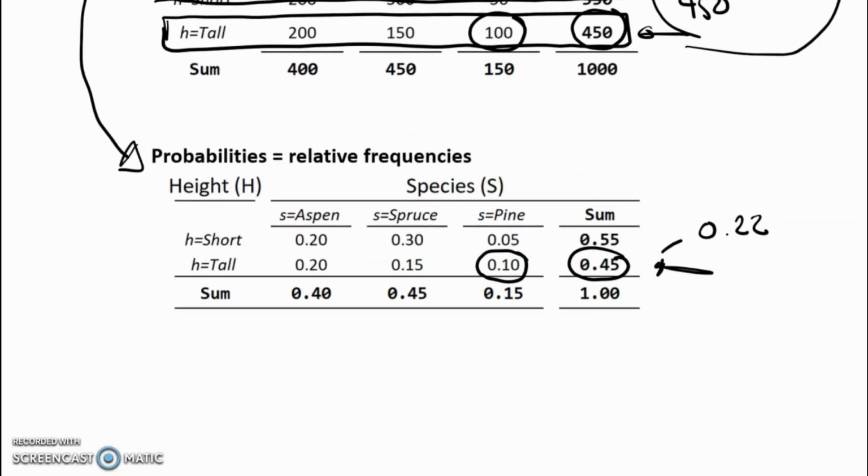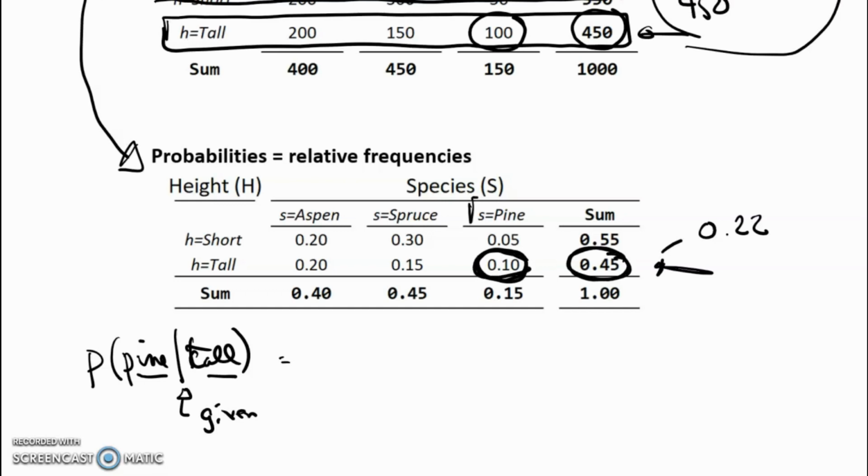Well, what we're doing is we're getting the conditional probability of a tree being a pine conditional upon the fact that it's tall. And this vertical line stands for conditionality, or the word given. So the conditional probability of a tree being a pine given that it's tall is going to be equal to this thing divided by that thing.